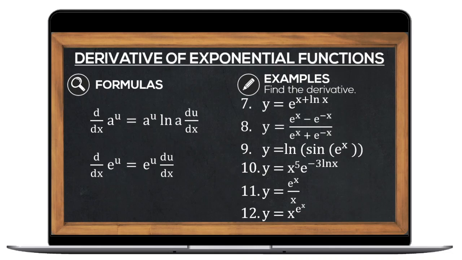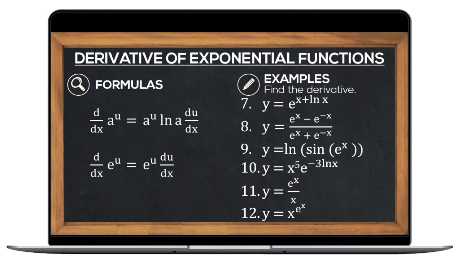Then, going back to the first formula that we discussed, we have the general power formula, x raised to n, where n is any constant number. So a function of x raised to a constant, or a constant raised to a function of x.